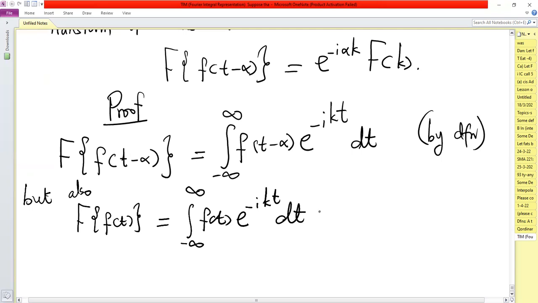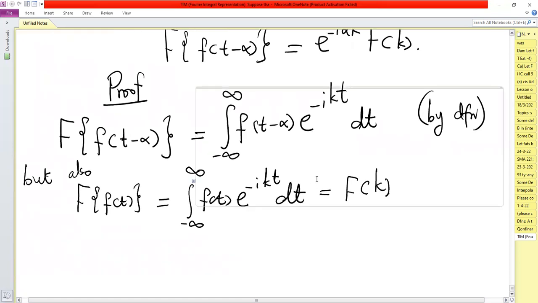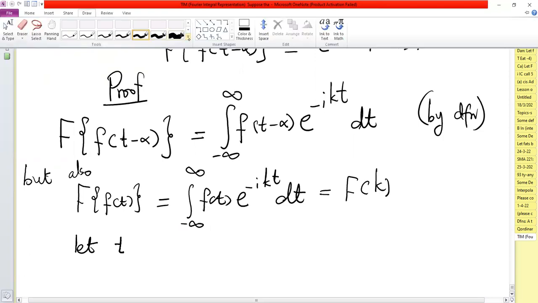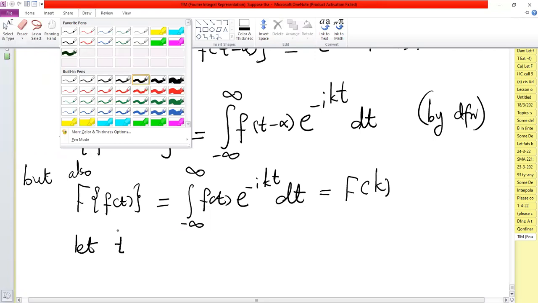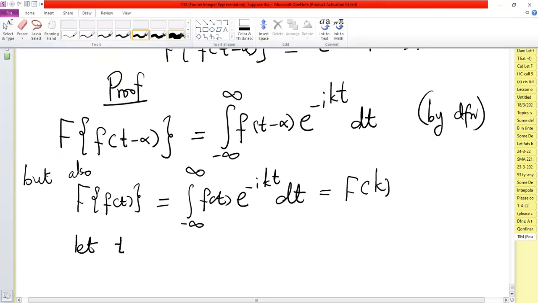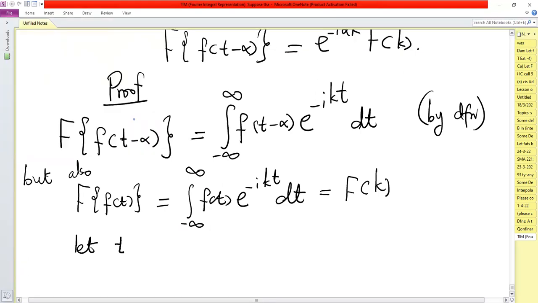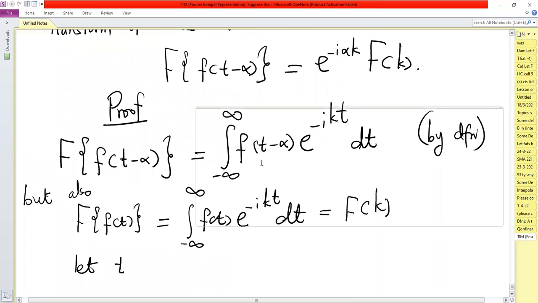So this is what we are calling F of k. This is just by definition.